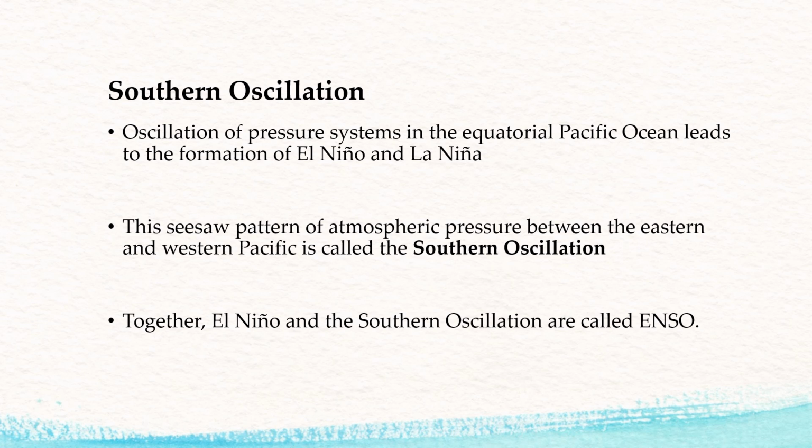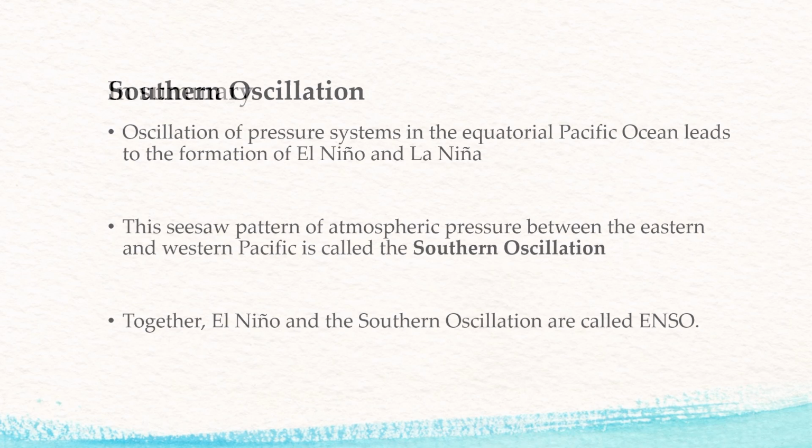So this seesaw pattern, these changes of atmospheric pressure, is what we call the oscillation, and it's happening in the south, so we call it the southern oscillation. Together it's called El Nino Southern Oscillation or ENSO.